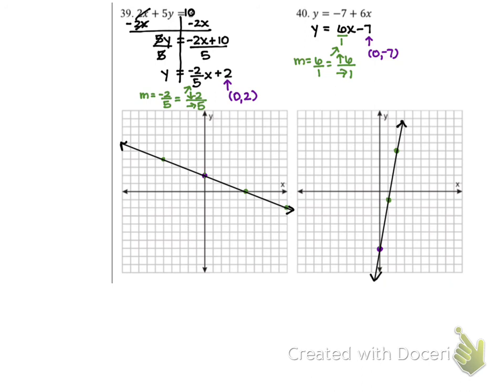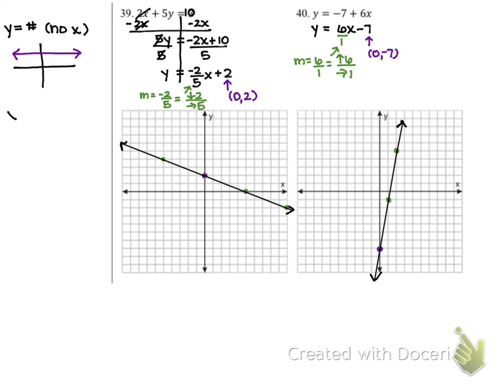I think the only other thing that I would remind you of, and I would probably just put this on the side, is that if you have y equals and it's just some number, so there is no x, this line is going to be parallel to the x-axis.